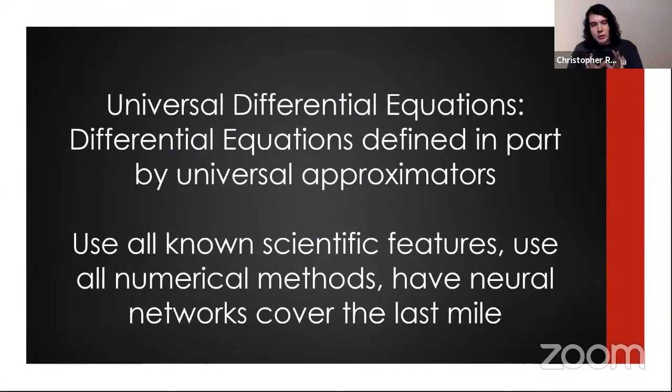What we're going to do is utilize this framework, the universal differential equation, which is a differential equation defined in part or in full by universal approximators. So these things that can approximate missing functions can define small parts of our differential equations, and we can utilize these in many different ways. We can utilize all of our known scientific features and all of our previous numerical methods.